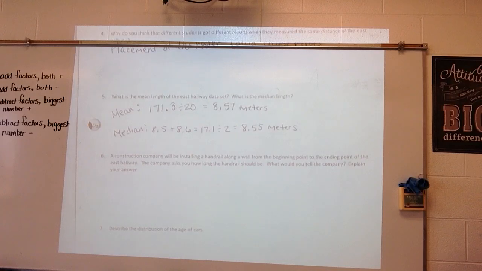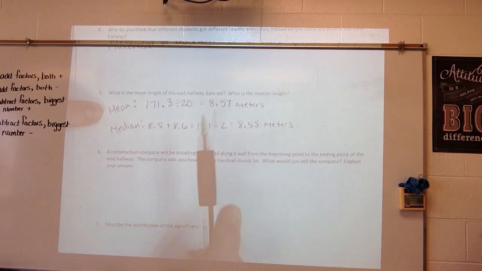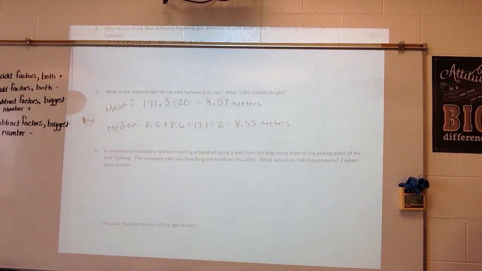So it says a construction company will be installing a handrail along the wall from the beginning point to the ending point of the east hallway. The company asks you how long the handrail should be. What would you tell the company? Explain your answer. Well, guys, if you look, my median and my mean are approximately the same.